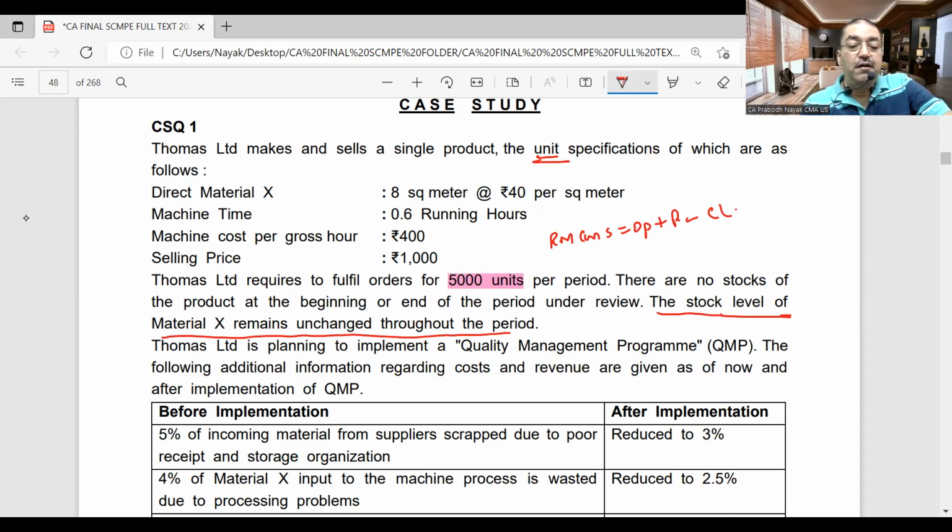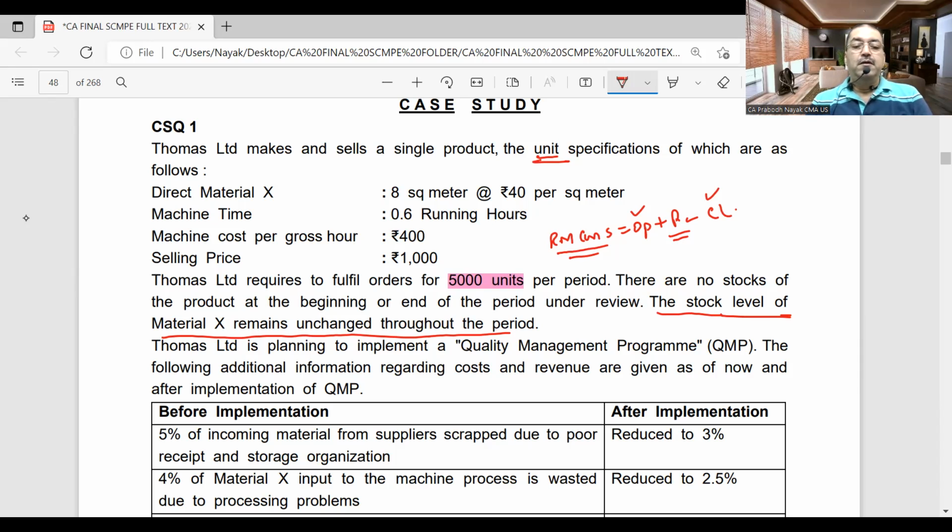Now they are saying that the stock of raw materials remains unchanged throughout the period. That means opening stock is equal to closing stock. So what does it mean? It means that raw material consumed is equal to raw material purchased. Certain things are not given to you directly, but as you are now in CA Final, you know how to draw conclusions as to what a sentence means and how it is to be interpreted.